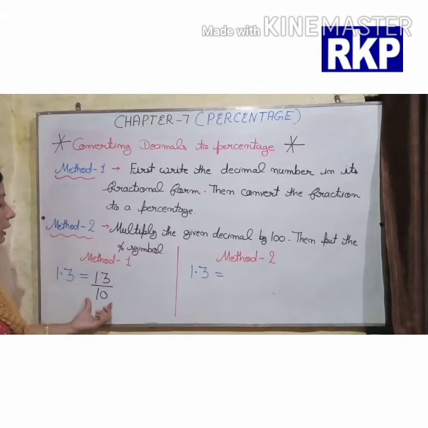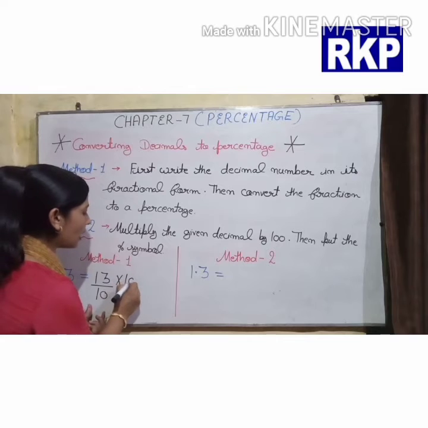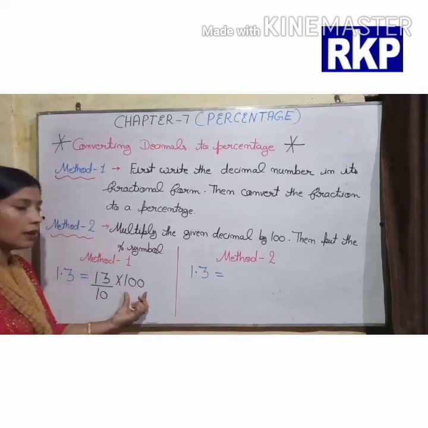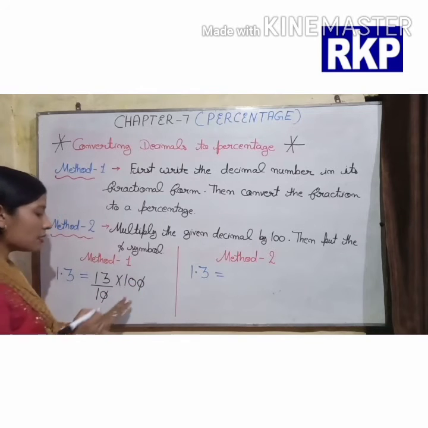Now beta, we need to convert this fraction into percentage, so we need to multiply this by 100. Okay, now here we can cut this 0 with this last 0.